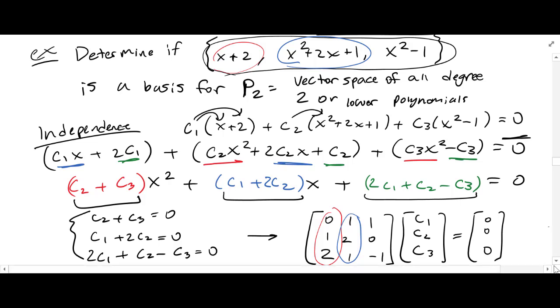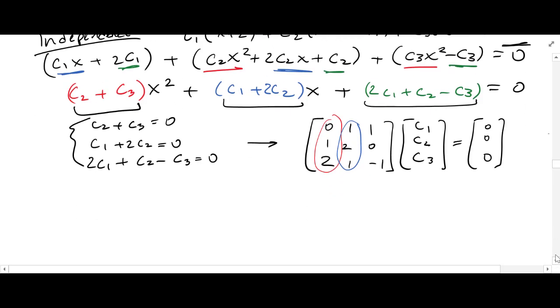Okay, so we want to find the pivots of this matrix and determine if these columns are linearly independent. So we'll do some row reduction. Maybe I'll swap columns again. I'll swap columns, and I'll just augment this with zeros instead of writing C1, C2, C3.